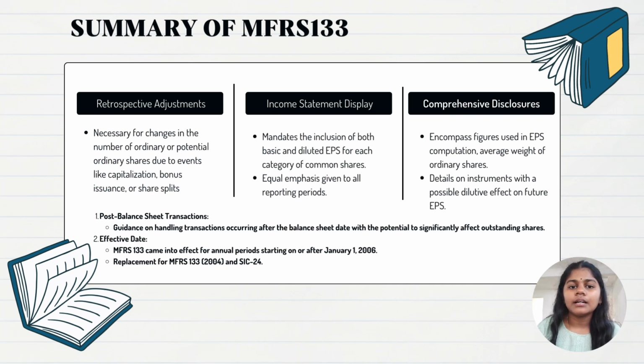In addition, the standard addresses the handling of transactions that take place after the balance sheet date and have the potential to significantly affect the quantity of outstanding shares. MFRS 133 came into effect for annual periods starting on or after January 1, 2006, replacing MFRS 133 2004 and SIC 24.